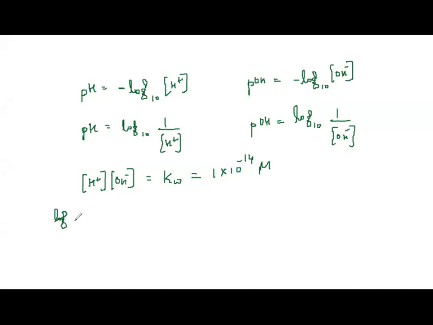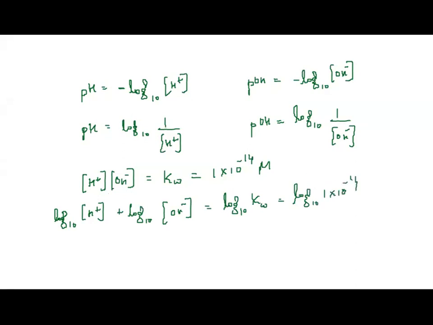Log to the base 10 of H plus ion concentration plus log to the base 10 of OH minus ion concentration is equal to log to the base 10 of Kw, that is equal to log to the base 10 of 1 into 10 raised to minus 14.